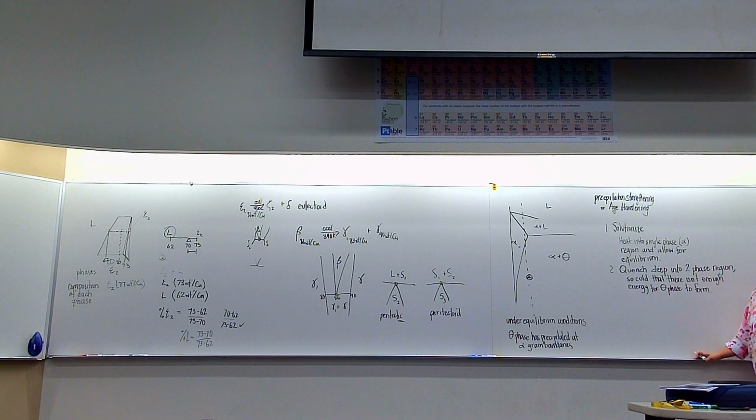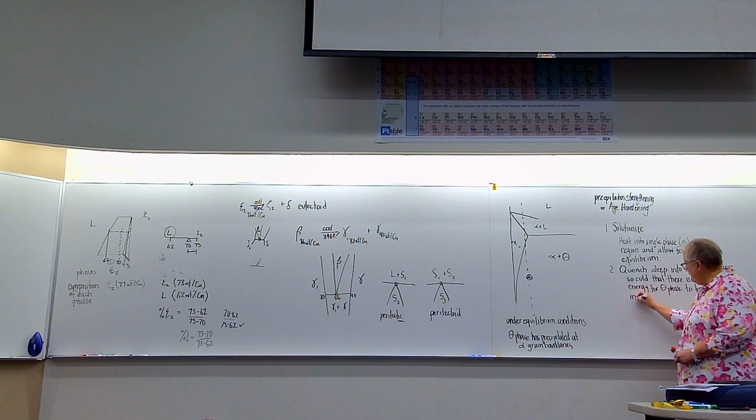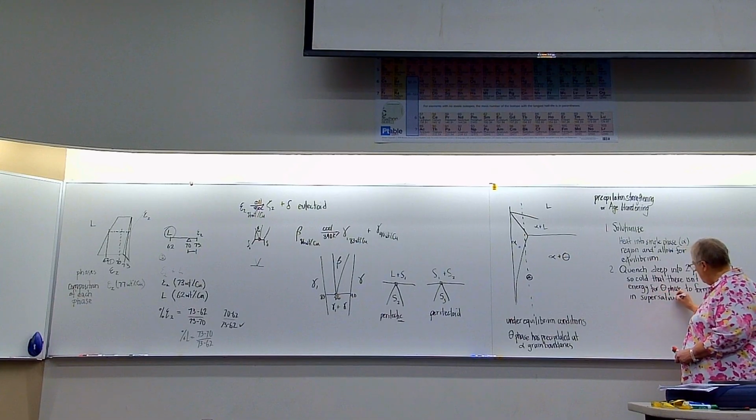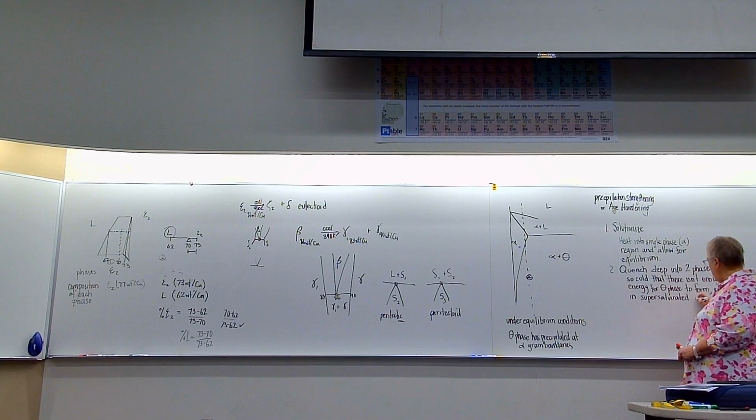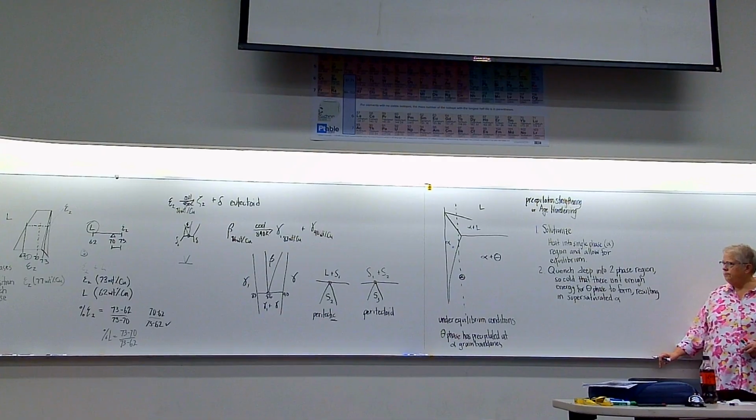Remember that that would require diffusion, and if it's cold enough, maybe that diffusion can't happen. And so what we have is a supersaturated alpha. Not stable, very high energy, just hoping to get enough energy to be able to decompose into theta.